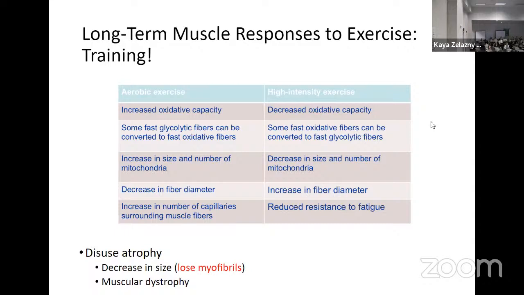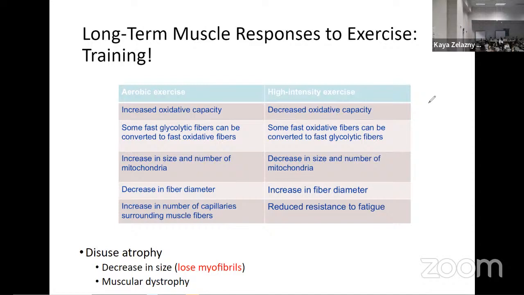Now, your muscles do respond to exercise. So when you train, it does have an effect. It kind of depends on the type of training you are doing, right? So basically, your body is going to try to make it so that you have the right type of muscle fibers available.